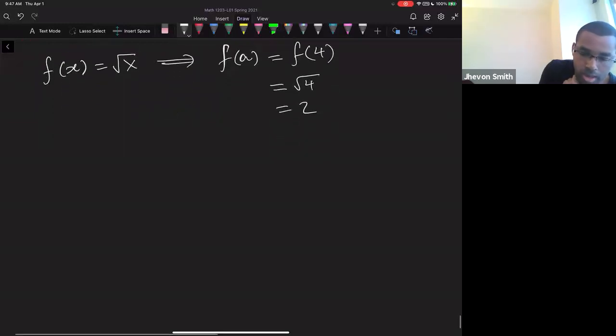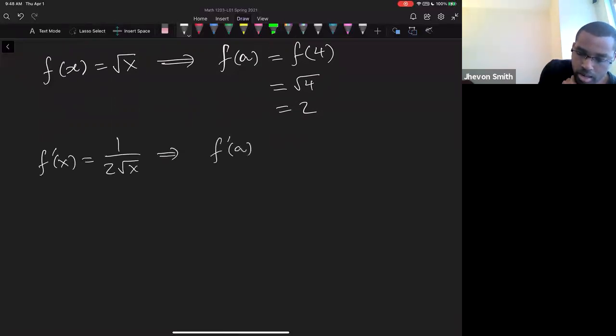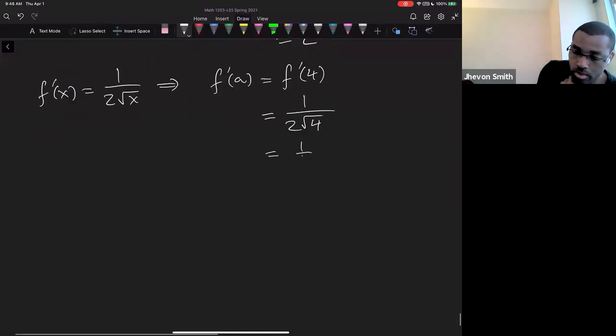We know that. Our f prime of x is 1 over 2 rad x. This means our f prime of a is f prime of 4, which is 1 over 2 rad 4, which is a quarter. So we could find those easily. Final step is to plug into the linear approximation formula.